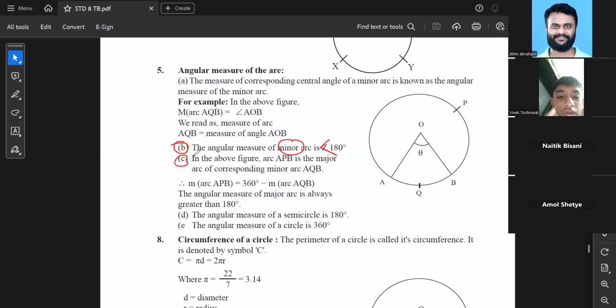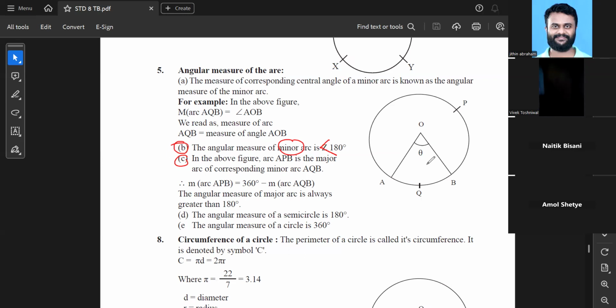The next point says, in the above figure, arc APB is the major arc of the corresponding minor arc AQB. APB is the major arc, and AQB is the minor arc. The measure of arc APB is 360 minus arc AQB.